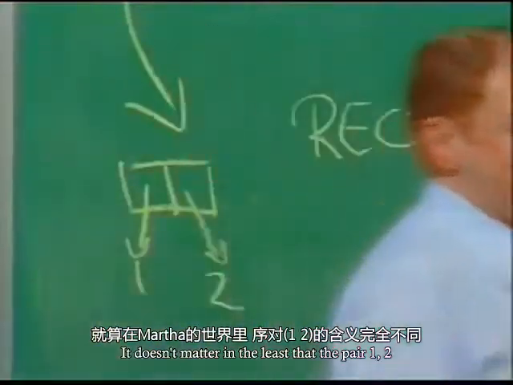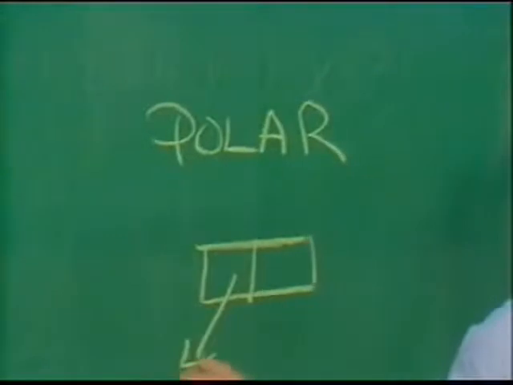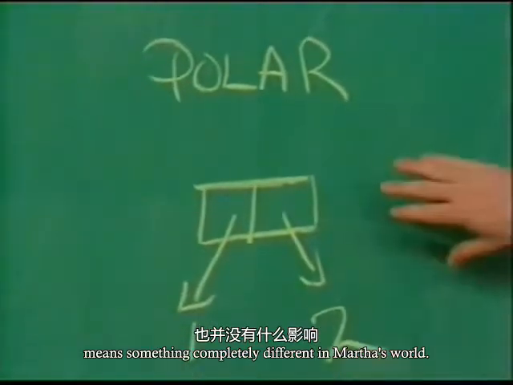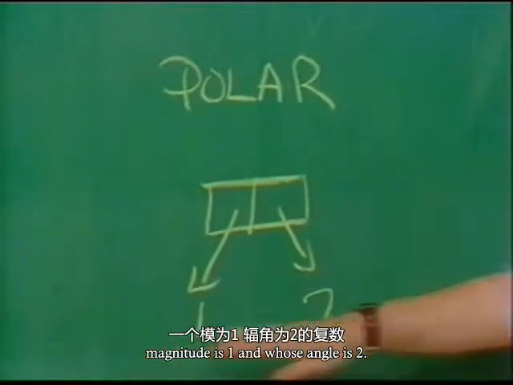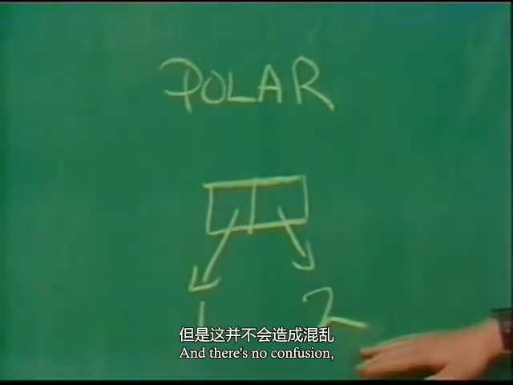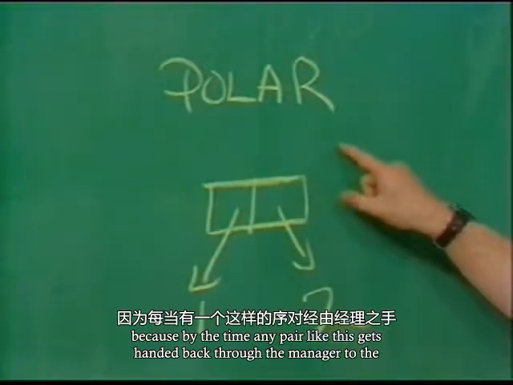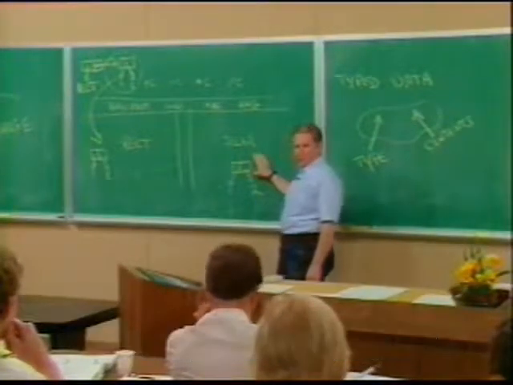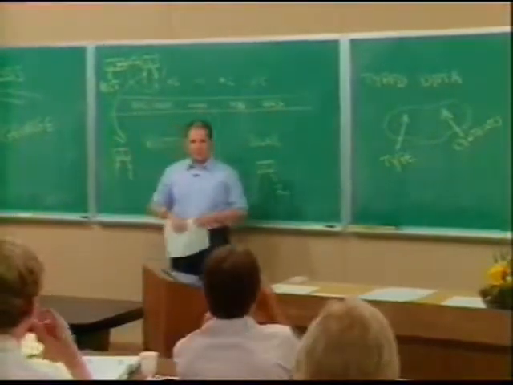It doesn't matter in the least that the pair 1, 2 means something completely different in Martha's world. In Martha's world, this pair means the complex number whose magnitude is 1 and whose angle is 2. And there's no confusion, because by the time any pair like this gets handed back through the manager to the main system, it's going to have the type polar attached, whereas this one would have the type rectangular attached.